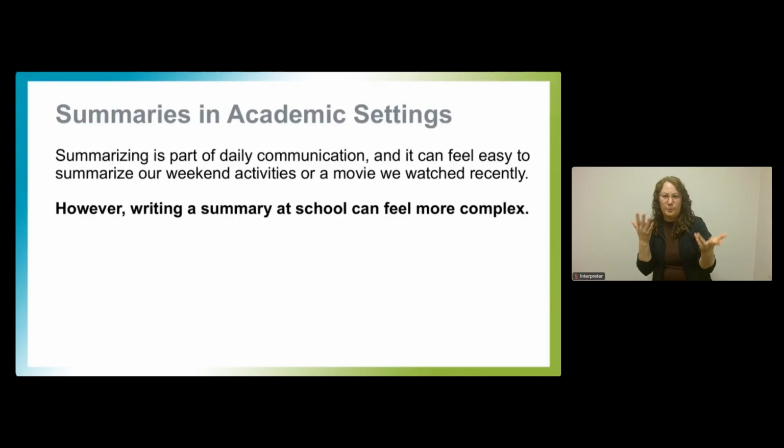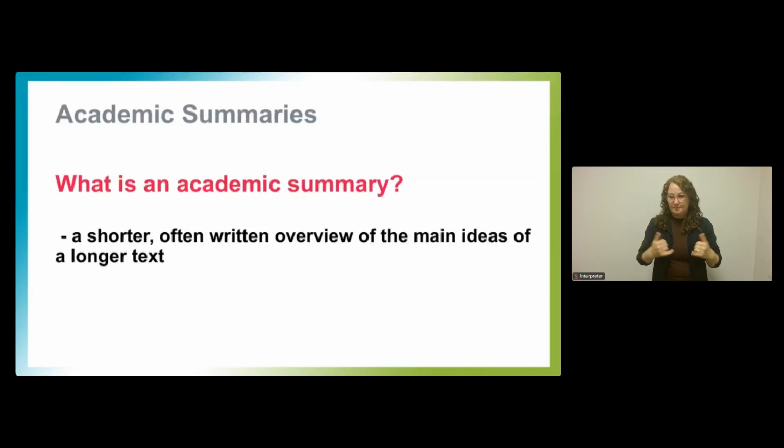So this will be the focus of the remainder of the presentation today, looking at academic summaries and starting with the question, what is an academic summary and how might it be different from summarizing what you did on the weekend to a friend? So an academic summary is often a written overview of the main ideas of a longer text.